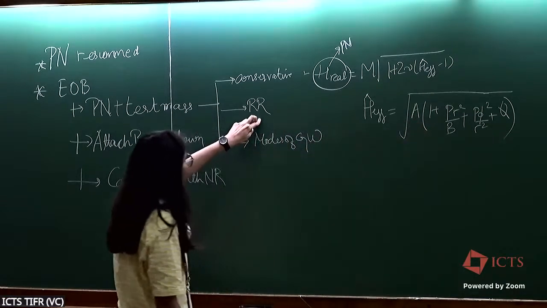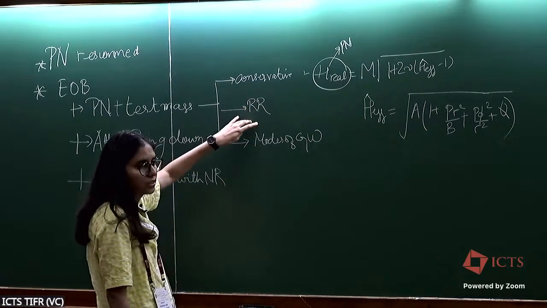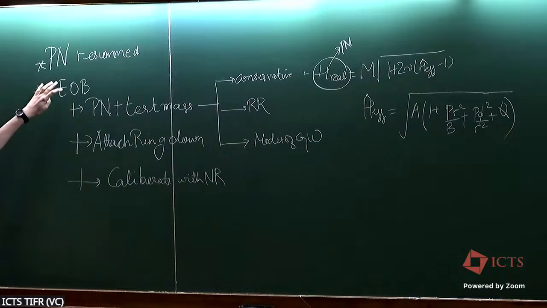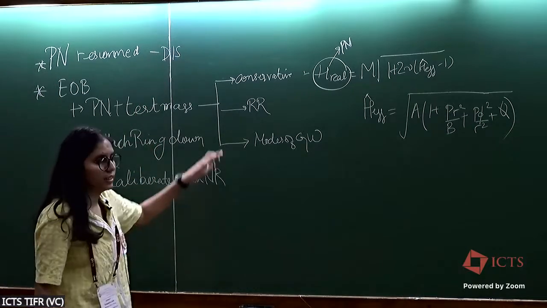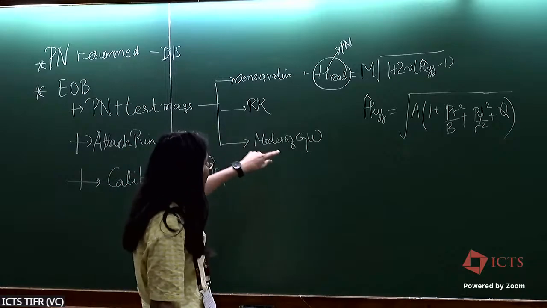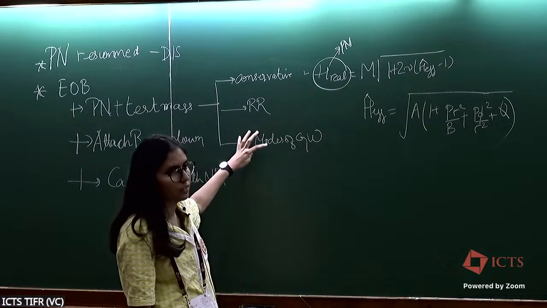In the radiation reaction part, we said we also need to resum the radiation reaction force. There were 2 approaches. One was the approach of Iyer and Satyaprakash, and the other that we discussed mainly was resumming the gravitational wave modes.